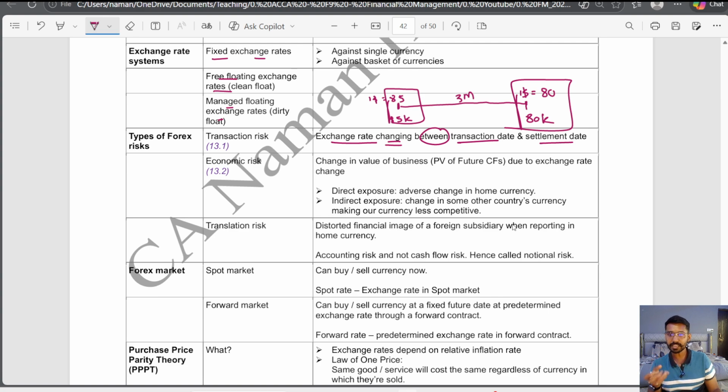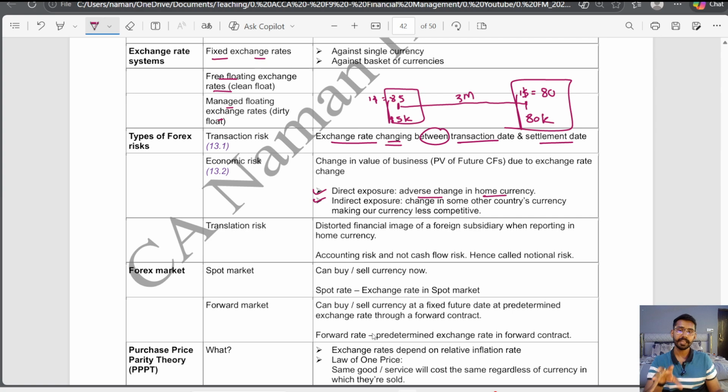This is an economic risk, called a direct exposure. An adverse change in your home currency: in this case your home currency has appreciated, so this is an adverse change for an exporter. For an importer, if the home currency depreciates, then it is an adverse change, because purchasing raw material gets more expensive. This is a direct exposure.